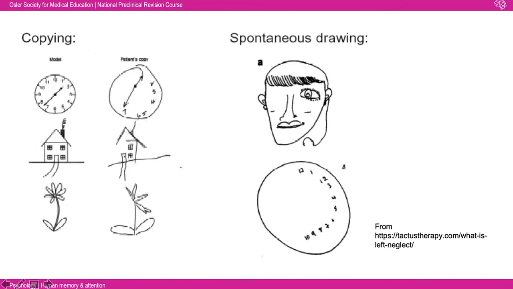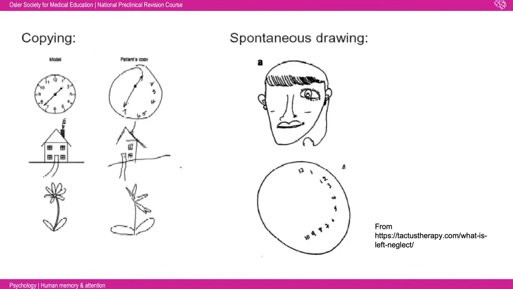On the left, the person is being asked to copy a clock, a house, and a flower. And their drawings on the right quite clearly show that they neglect their left side. To them, this drawing will feel completely finished, both because when they first look, they will see mainly the right-hand side of the image, and also when they copy it, they won't notice that half of a house is hanging off, or that half of the clock is not finished, because they're only really paying attention to the right-hand side.